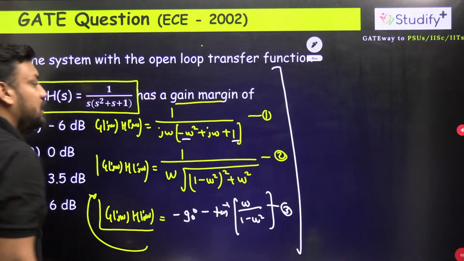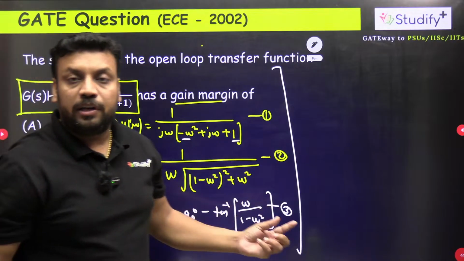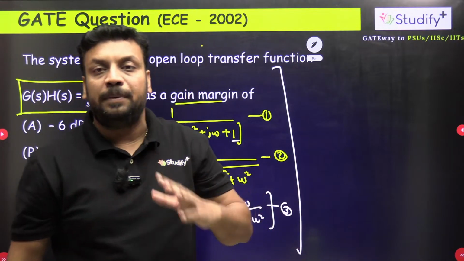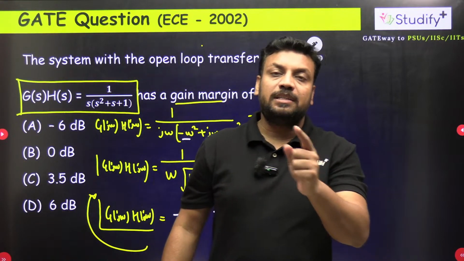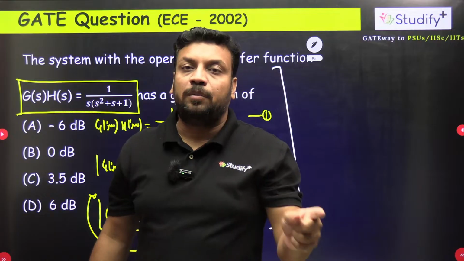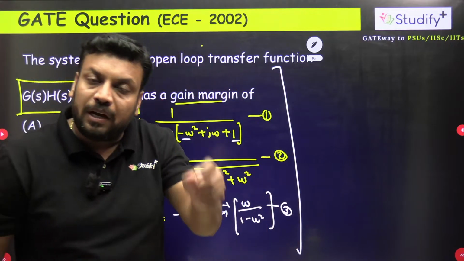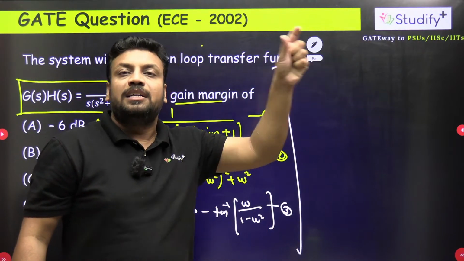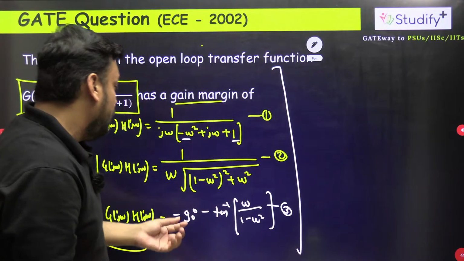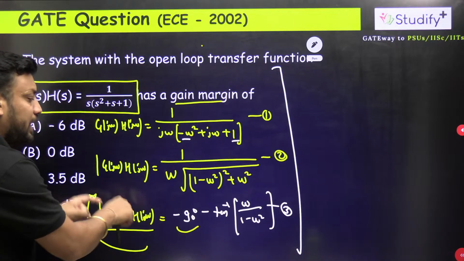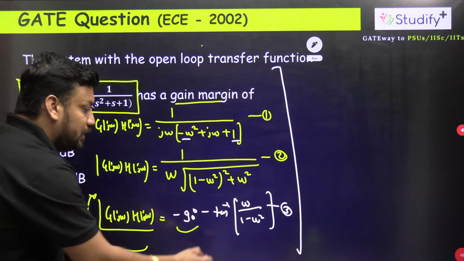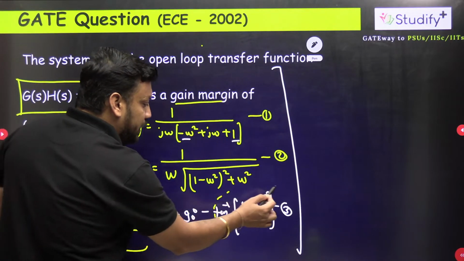Now the examiner wants the gain margin, but before gain margin you should calculate omega PC first. What is the definition of omega PC? Omega PC is the frequency at which the angle of G(j omega) is equal to minus 180. It is already minus 90, so if I want to make this angle minus 180, then this term should be 90.